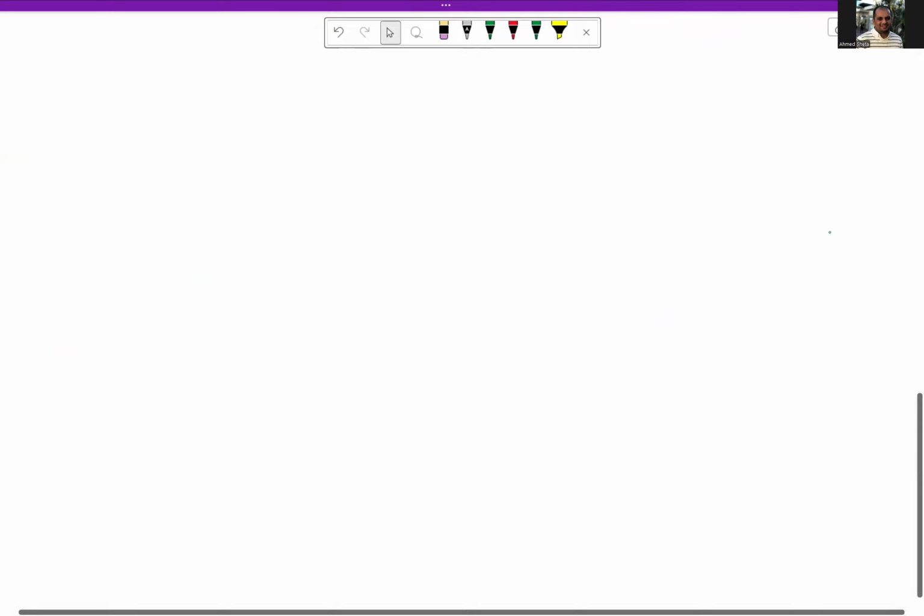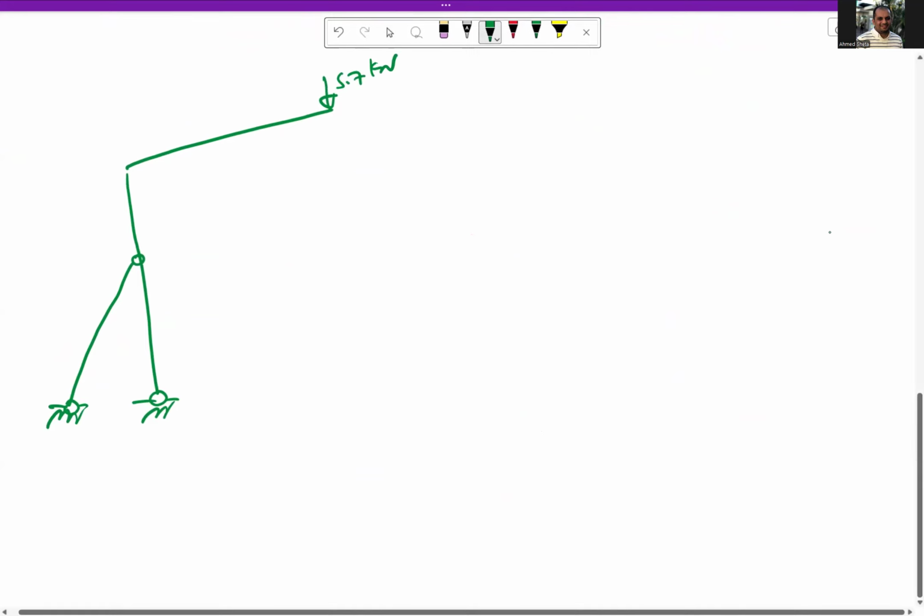And the next will be how to draw the straining actions: bending moment diagram, shear force diagram, and normal force diagram. So we have here 5.7 kilonewton. We have the uniform load 7.2 kilonewton per meter. And we have here 2 kilonewton per meter.